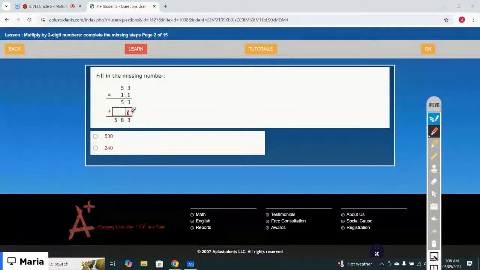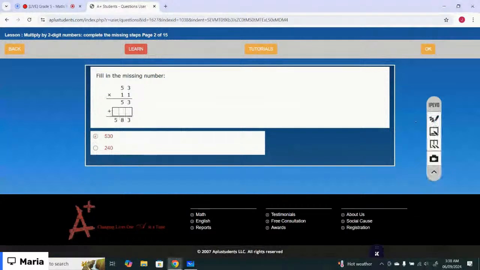Multiply by the tens digit. 1 times 3 is 3 and 1 times 5 is 5. So that is 3, 5 and 3, 8, 500. The missing number is 530. Option number 1 is the correct option. The correct option is option number 1, that is 530.